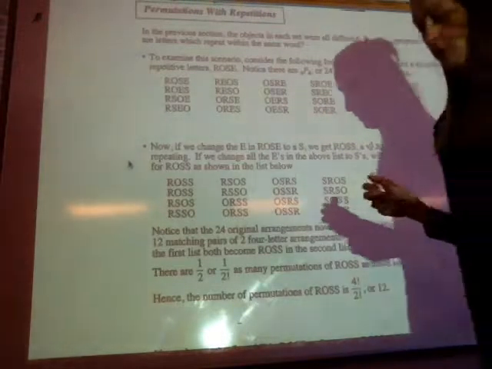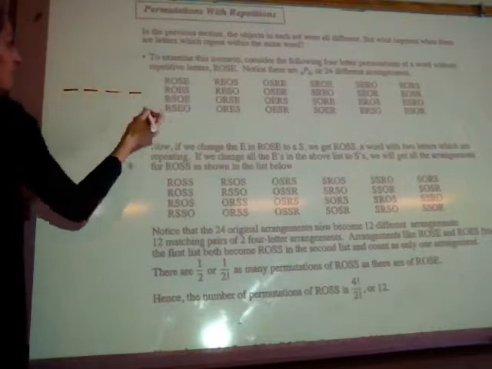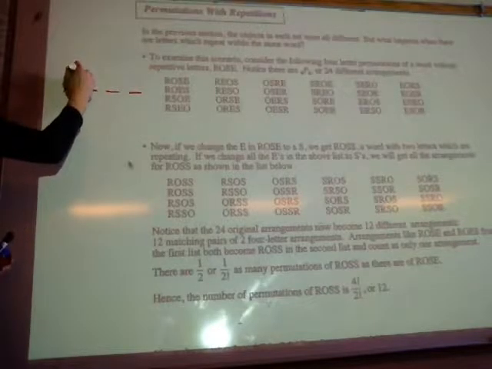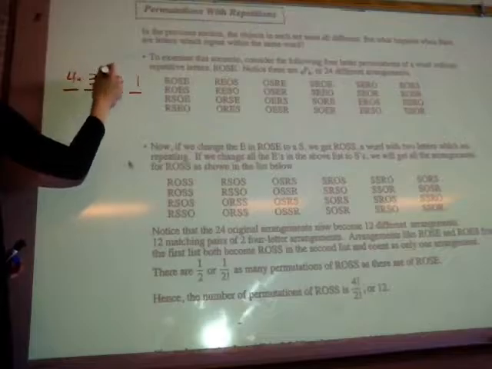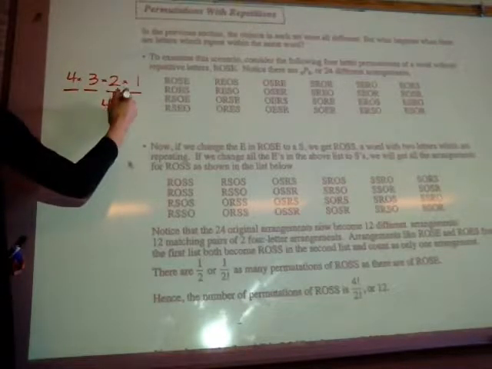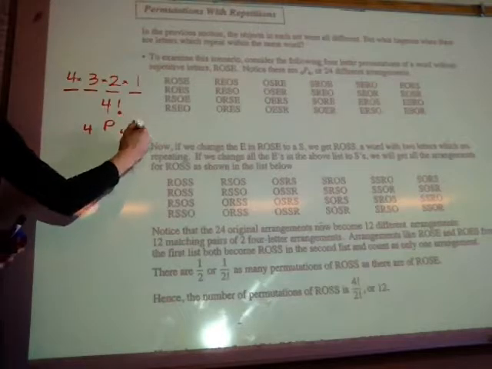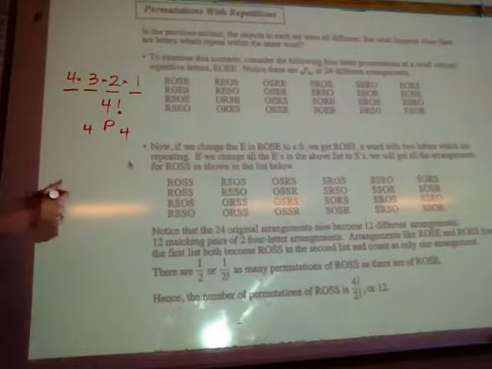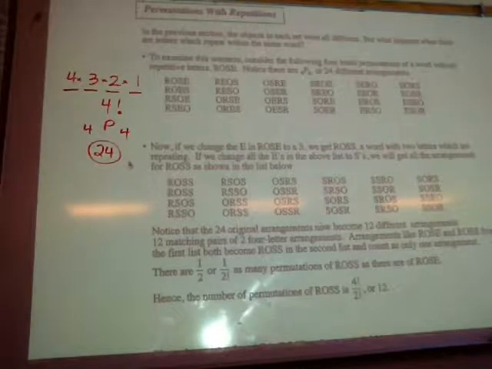In simple terms, we could have just used the fundamental counting principle. For R-O-S-E, 4 choices, and then 3 letters, then 2, and then 1. So that's really 4 factorial, or as they've written, 4 pick 4. 4 letters total, we're going to pick 4 of them. All of that results in 24 possible arrangements.